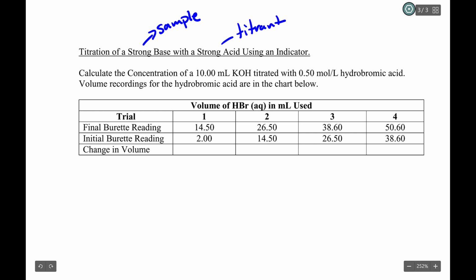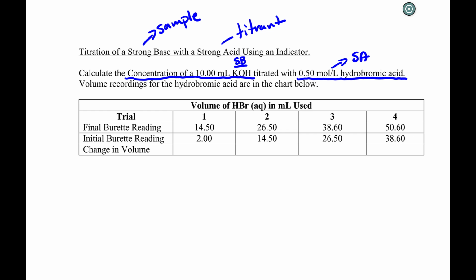So it says calculate the concentration of KOH, that's my strong base, with 0.5 moles per liter hydrobromic acid. This is going to be my strong acid and my titrant. The volume recordings for the hydrobromic acid are in the chart below. These charts are always for the titrant, okay, always.